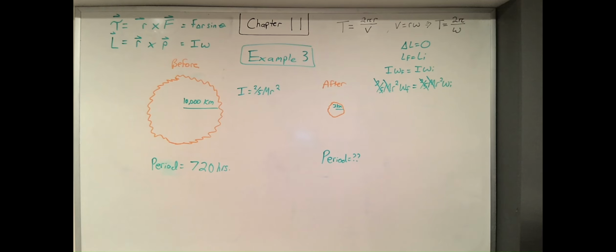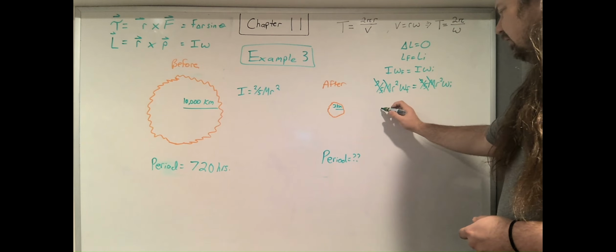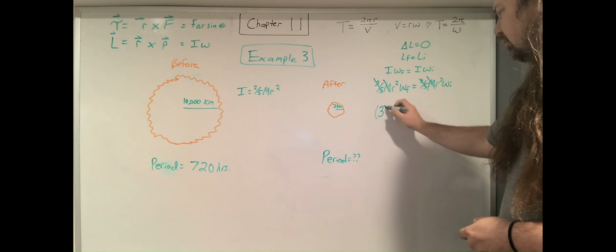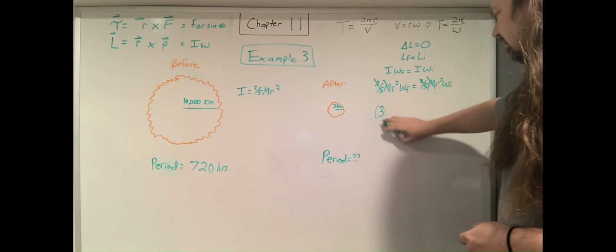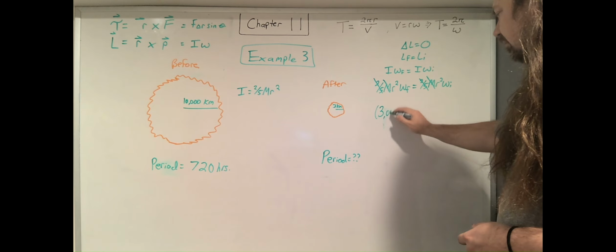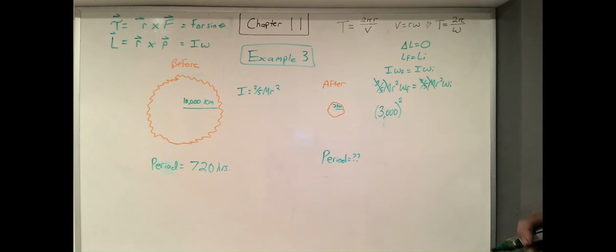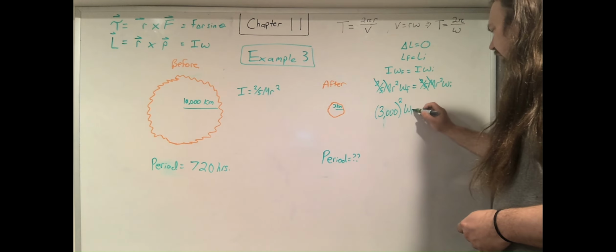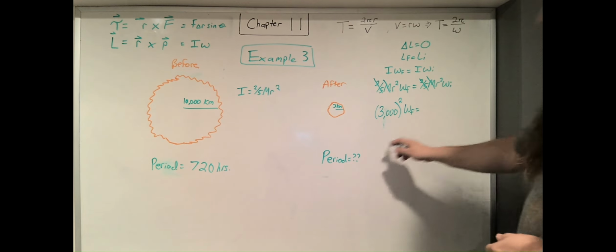What we have left here is r final squared, and in the end, it is 3 kilometers, which is 3,000 meters. So let's go 3,000 meters to get it in SI units, and then that'll be multiplied by omega_F, which we'll need omega_F for the period.